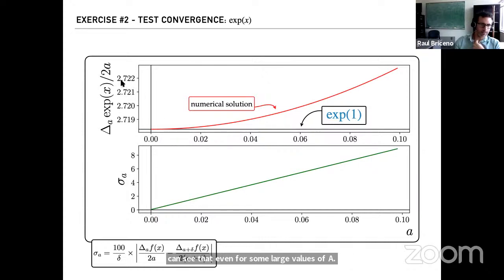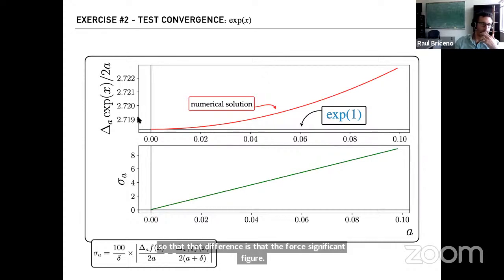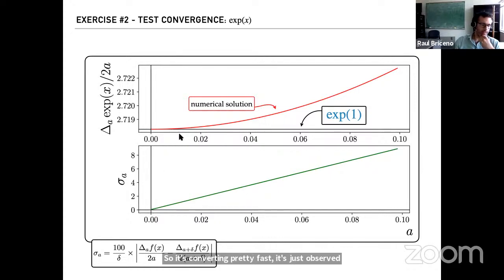Look, this is 2.722, 2.721, 2.720, so the difference is at the fourth significant figure. So it's a sub-percent error. That's pretty good, so it's converging pretty fast. It's just that I've zoomed in quite a bit so you see these deviations.